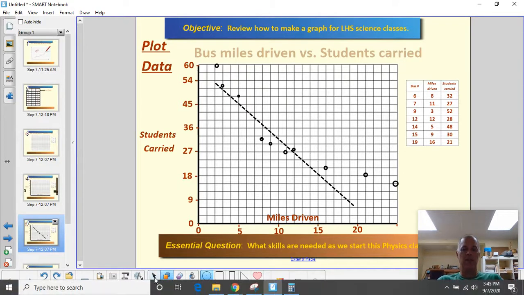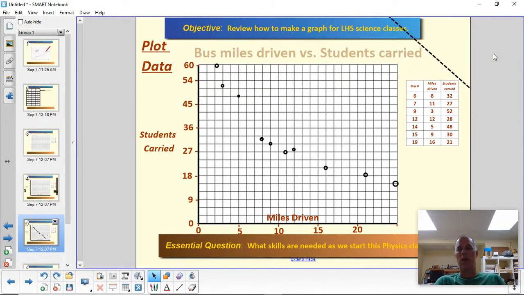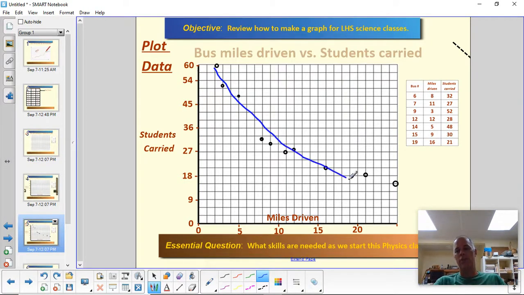Then in this case, a straight line doesn't fit so well anymore. I'll put this back out of the way so we can't see it, because now it looks like more of a curve, right? In that case, if you have a flexible ruler, you can try to draw a curve, but you can just do your best to draw a curved line that goes through or close to the data points, a nice smooth curve that fits through them. Again, this is a best fit line, but it's a curve that goes through them.